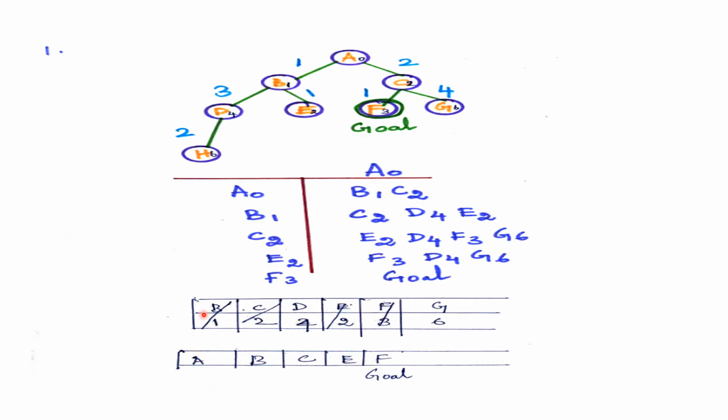Then explore B and C. B's value is 1, C's value is 2. Which one is the lowest value? B has the lowest value. So take that B to the visited list. Now we can cross out B and move B to the visited list.